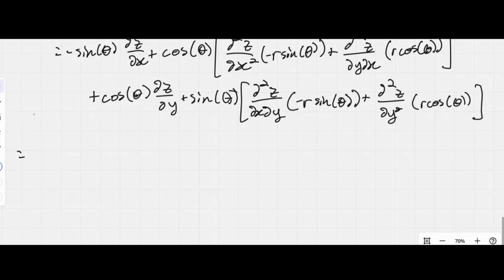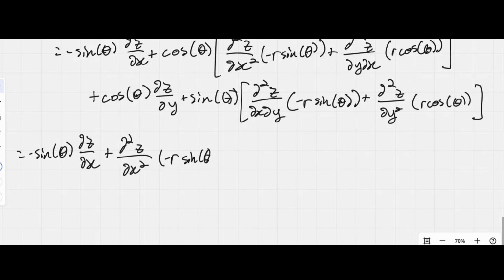And so I'm going to write the negative sine theta del z del x plus the second order partial of z with respect to x squared multiplied by negative r sine theta cosine theta, cosine theta.